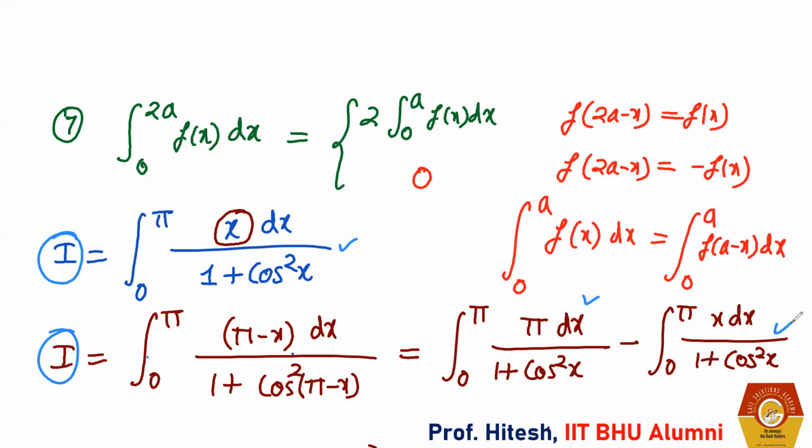So let me add these two terms. What we will get? We will get 2I is equal to 0 to pi, pi dx upon 1 plus cos square x.